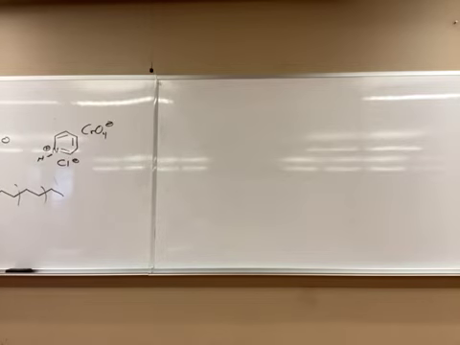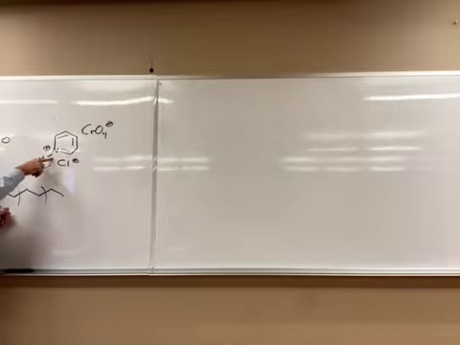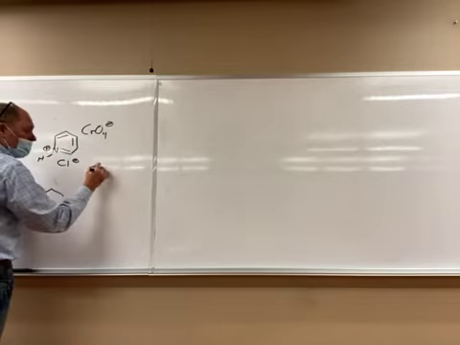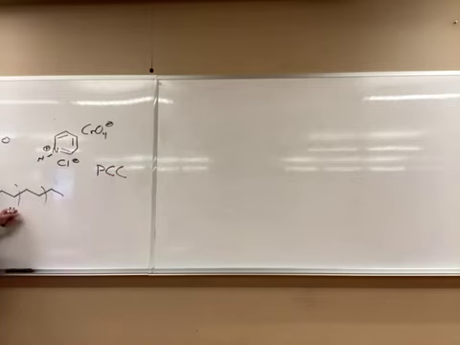Okay, so we don't have to draw this on the flashcard. This is pyridine. We'll get into that when we get into the aromatic chapter. So as a salt, pyridine becomes pyridinium chlorochromate. We call this pyridinium chlorochromate, PCC. So the flashcard just needs PCC on it.